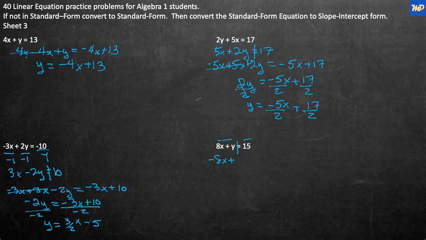And then we rewrite the left-hand side of the equation, plus 8x plus y equals, and I'm going to move the negative 8x in first, because I want the format to be x before a constant, plus 15.